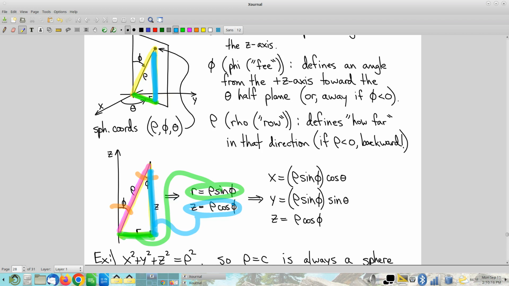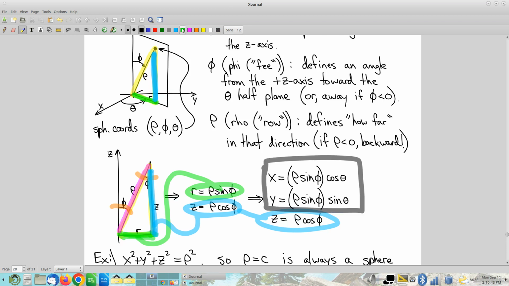This actually tells us everything that we need to know about conversion formulas for spherical coordinates. Because what do I really need? I need formulas for x, y, and z. Well, one of these is literally the formula for z. And the other one is exactly what we need to convert the formulas we already have.